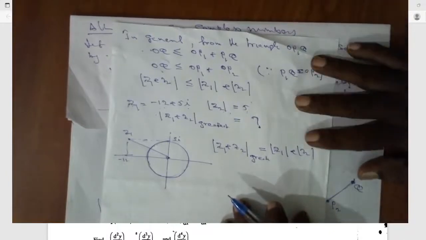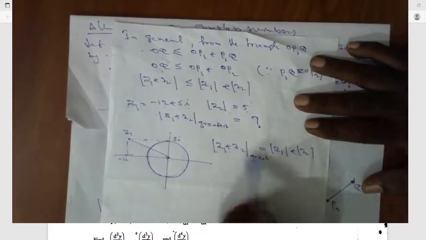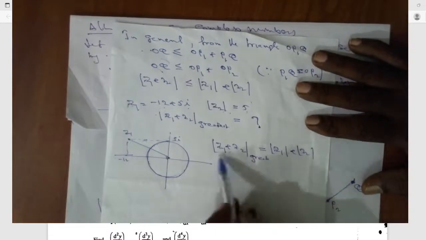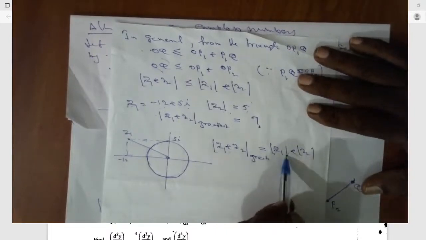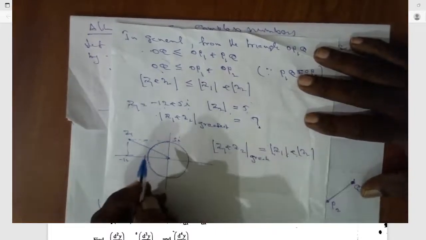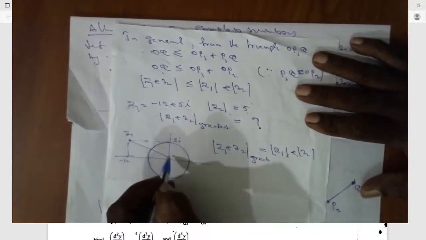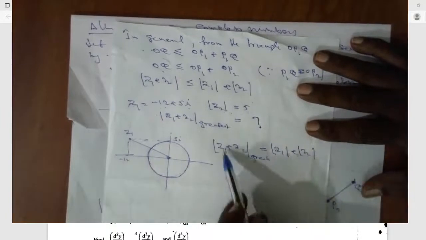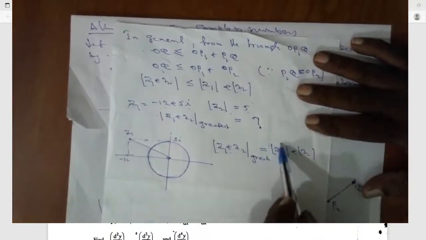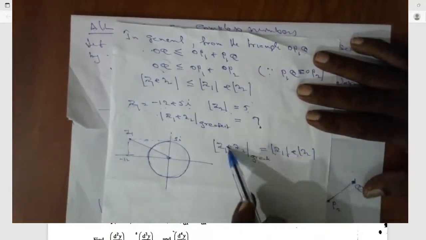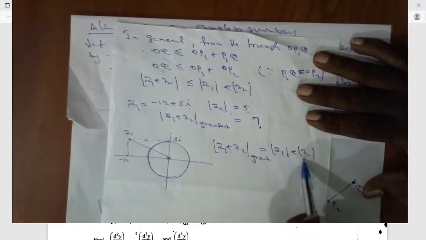And when two complex numbers are collinear, you get the greatest value. That means you get the greatest value when the two lines are collinear. Then always this value is less than or equal to this, no? The greatest is the sum of these two.